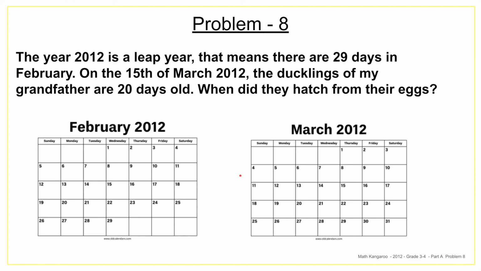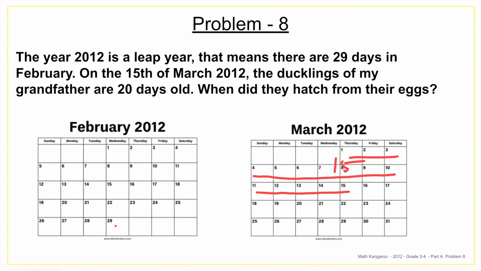To find out when the ducklings hatched, we will count backwards. We will count backwards from 15th March to 1st March for now. So how many days are there? We have 15 days in here. Now February 29.